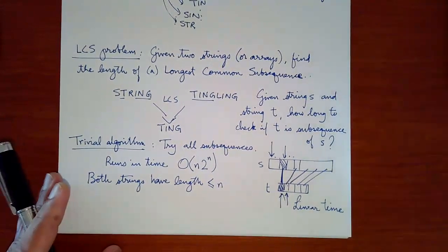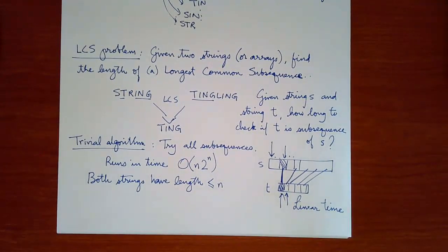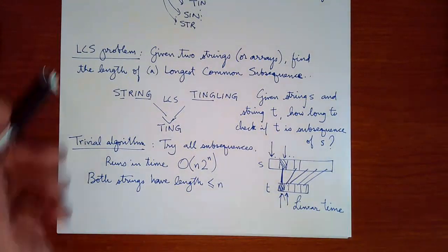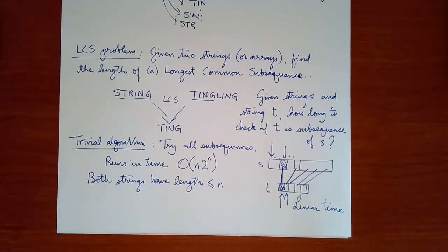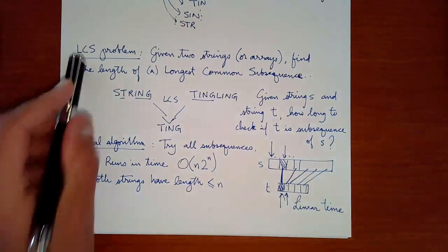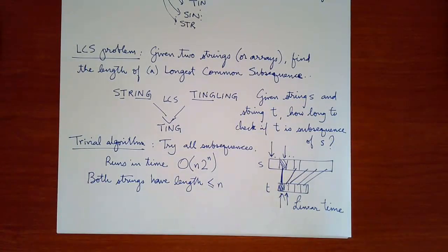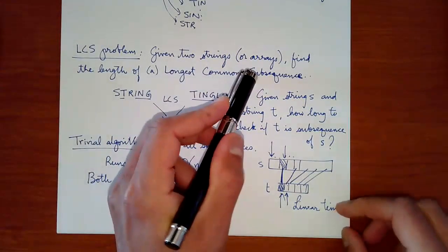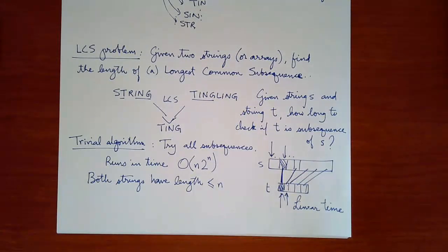Now you might ask, where is LCS used? If you've ever used the diff utility, diff is basically computing an LCS. LCS is used heavily in genome sequencing, where the strings are DNA sequences or gene sequences, and you're trying to compare whether they both have a common ancestor or some commonality.